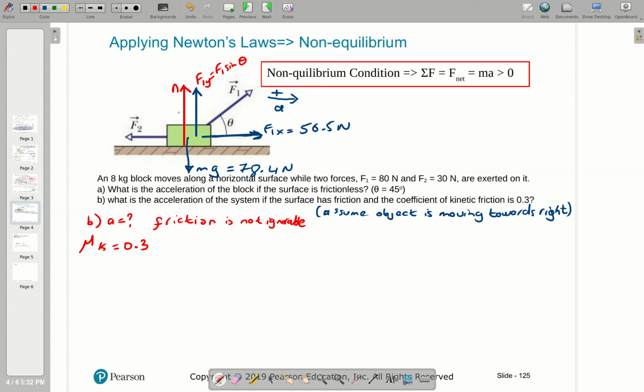If the object is moving to the right, friction is to the left, which is why you have to be given the direction of motion in this case to be able to solve the problem. You have to define the direction of the frictional force. So Fk is to the left. Now I showed all my forces. I'm looking for a. It's along X. So I'm going to apply Newton's second law along X.